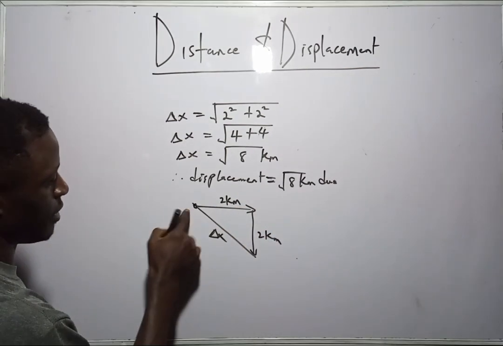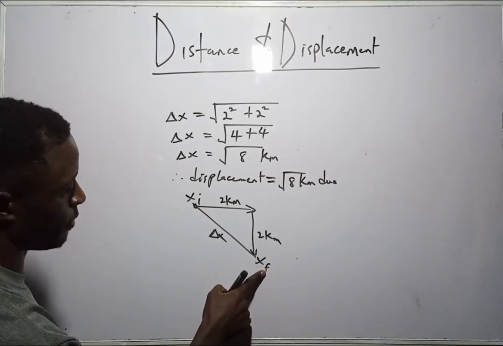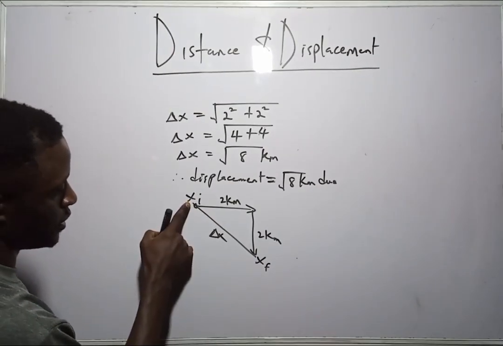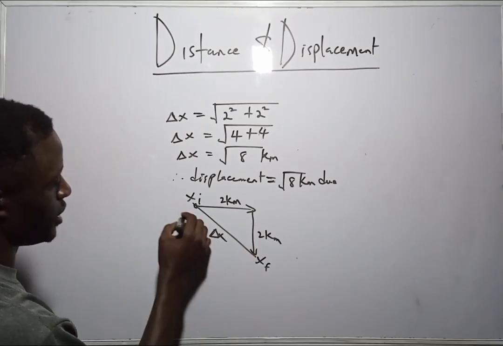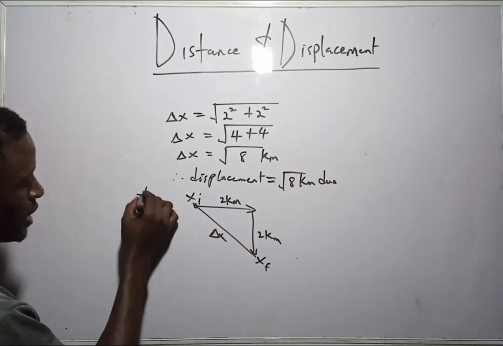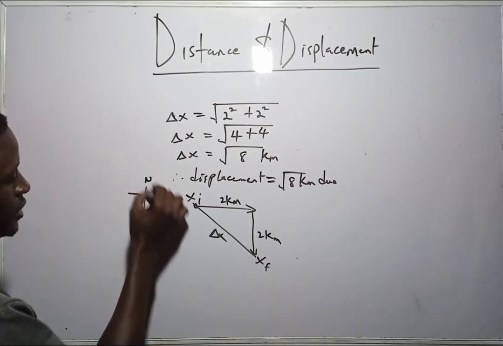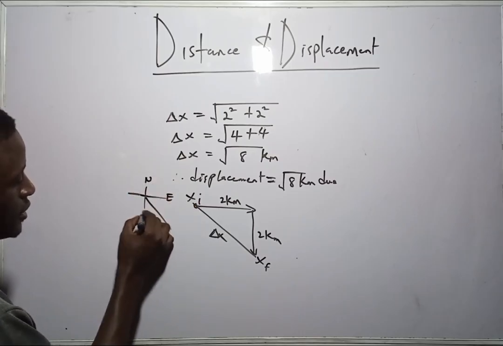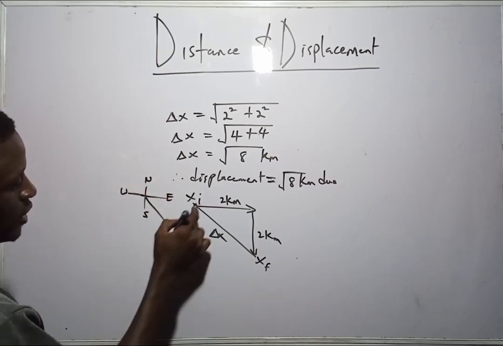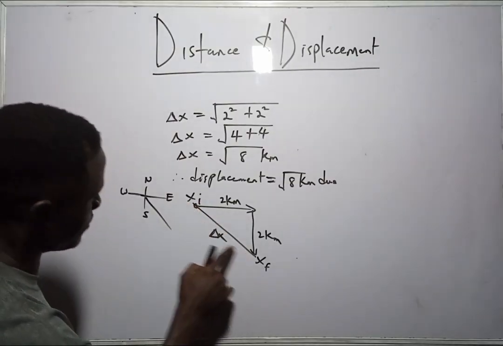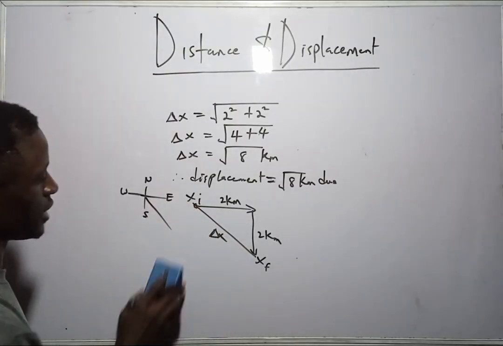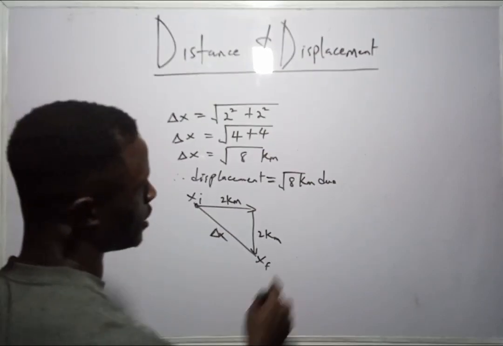Remember, this was the initial position, this was the final position. Since this was the initial and this is the final, the displacement is going to be in this direction. Let me show you the cardinal points. This is north, this is east, this is south, this is west. So if you put it at this particular point, then this displacement is going to be in the southeast direction.